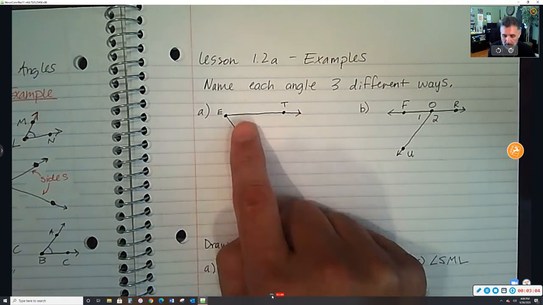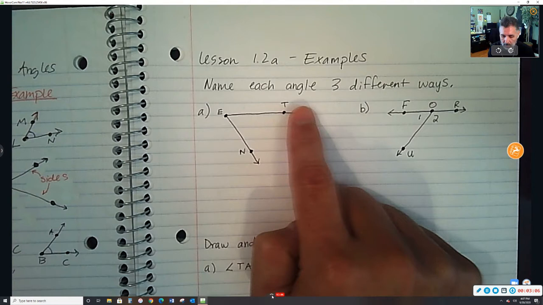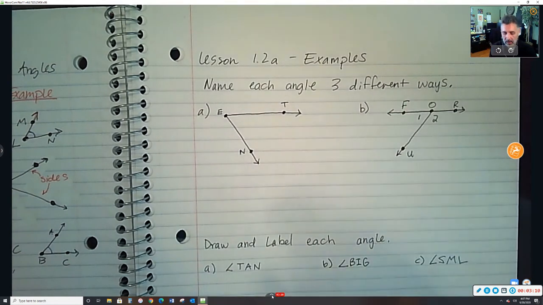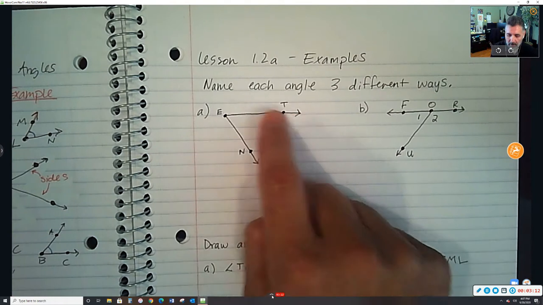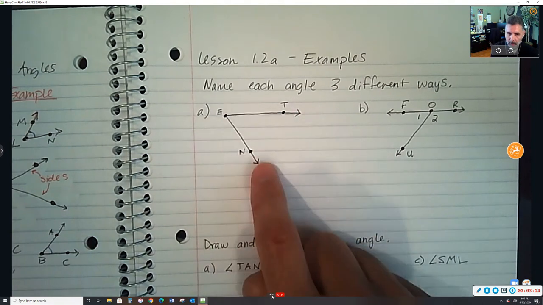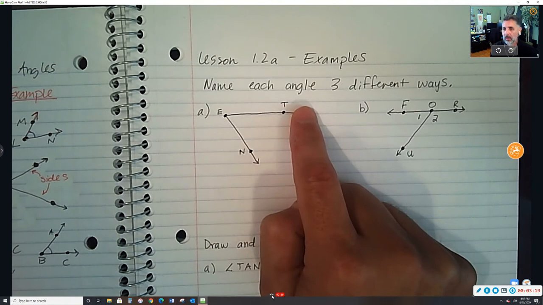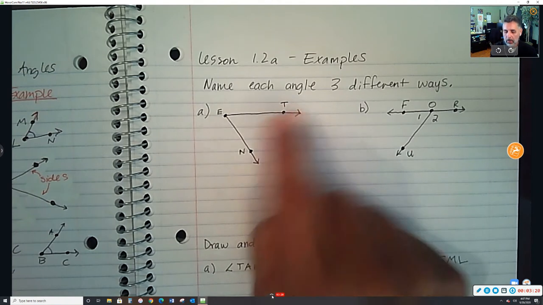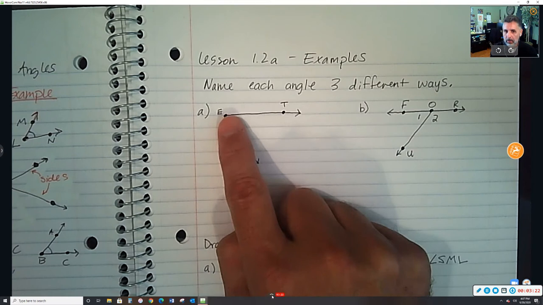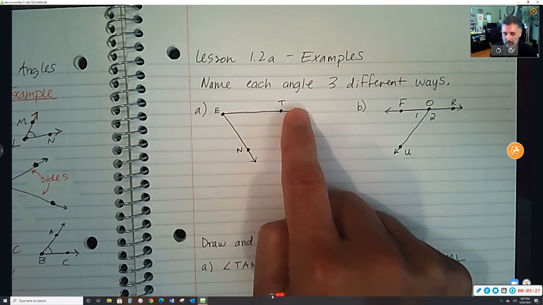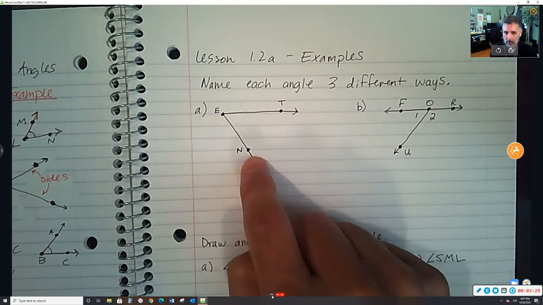So for the first example, it says name each angle 3 different ways. And naming the angles, it's the same as following the angle from point to point. Okay, they don't tell us which point to start at, but we can't start in the middle because you can't go to this side or follow this ray and then jump over and come to this side.